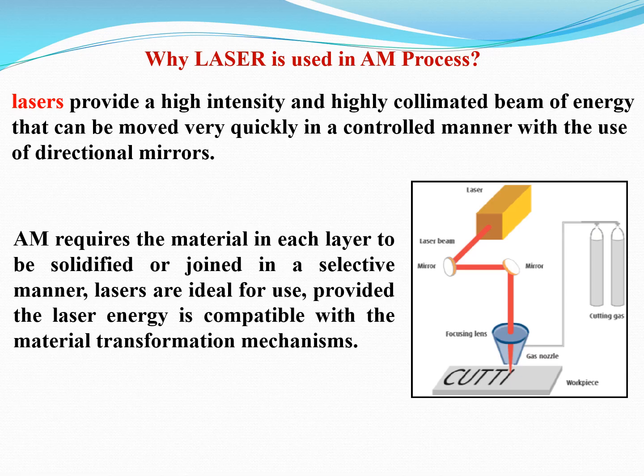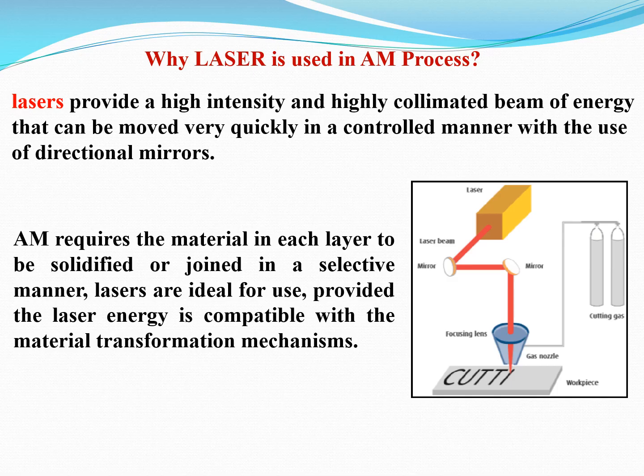So in this diagram, there is a yellow colored machine, the laser machine, from which the red colored laser beam is coming, and two directional mirrors are used. Ultimately the laser enters through the focus lens and onto the workpiece.